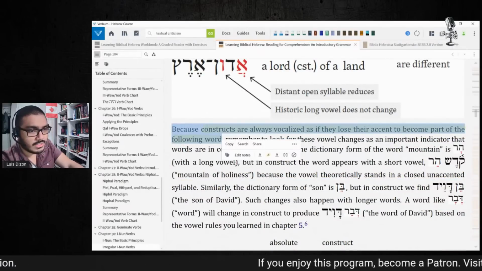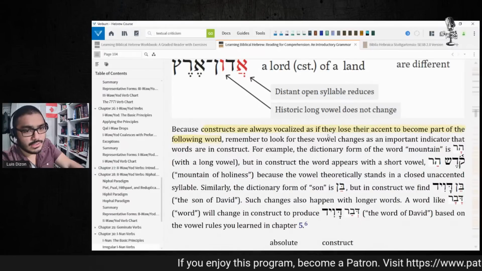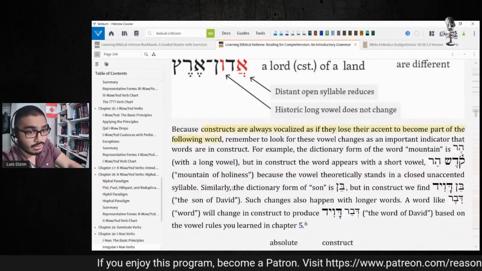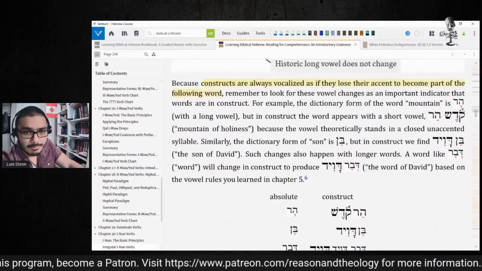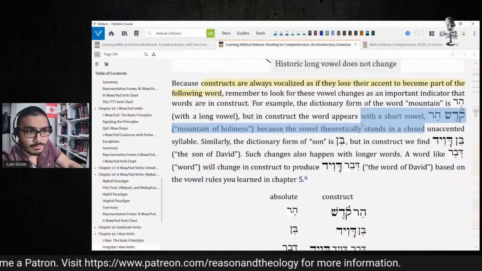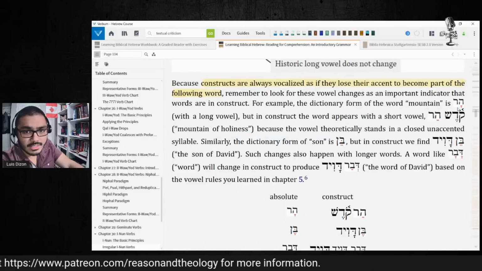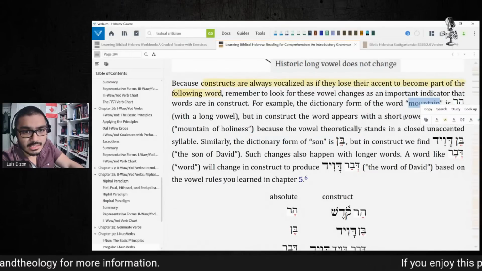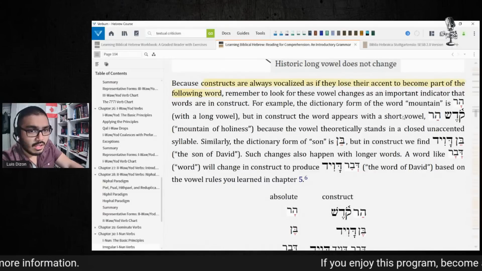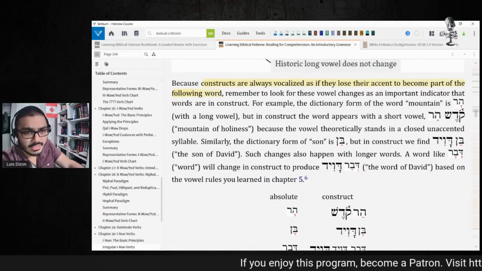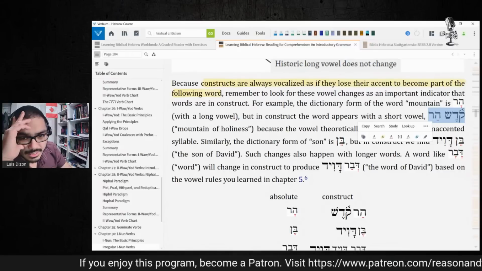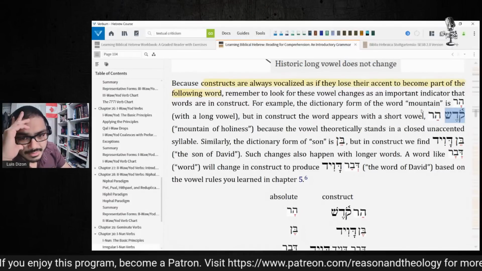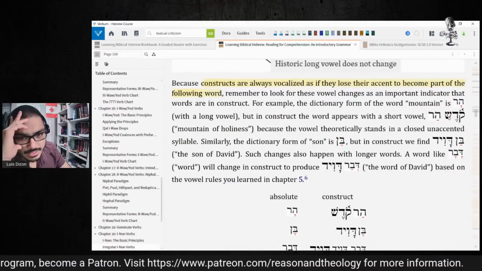So it says right here, constructs are always vocalized as if they lose their accent to become part of the following word. A few other examples. Har Kodesh. Har normally has a kametz. In the textbook, there's a mark that should come before Kodesh.